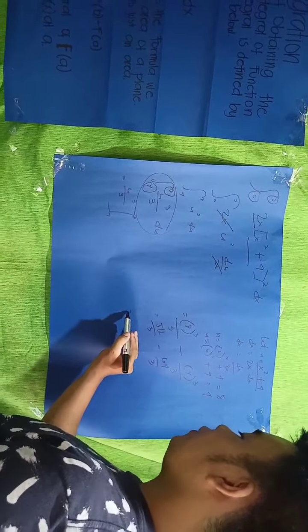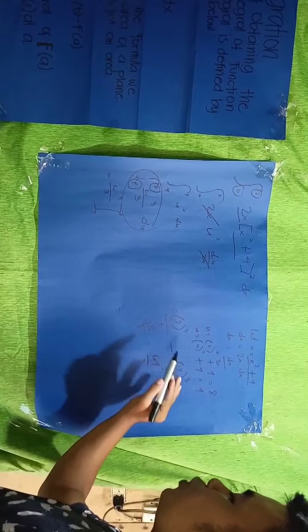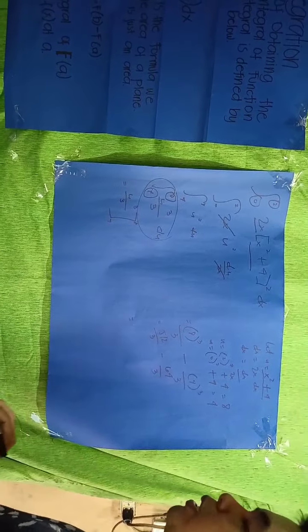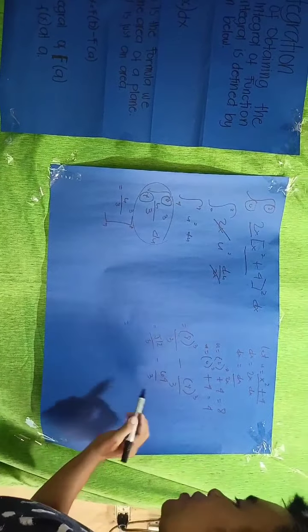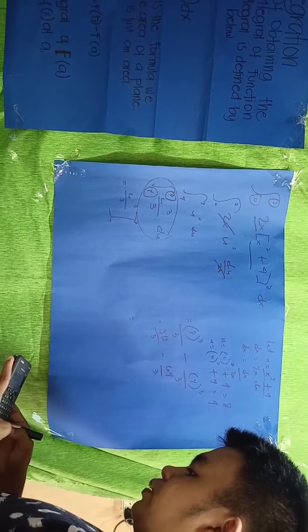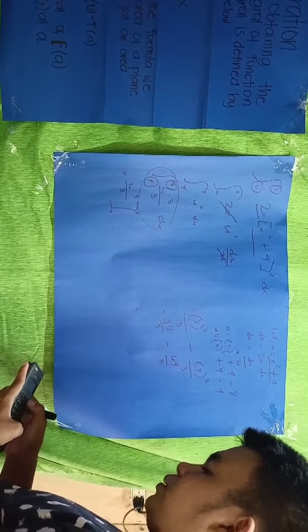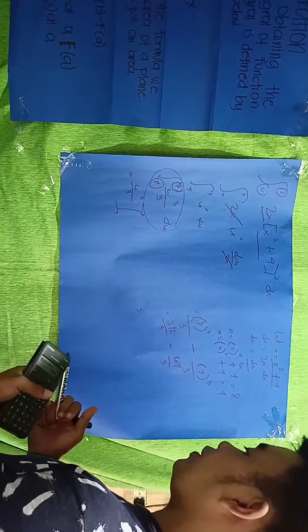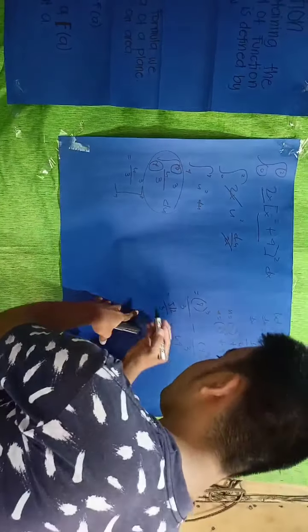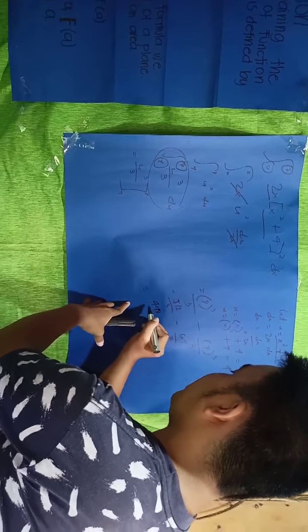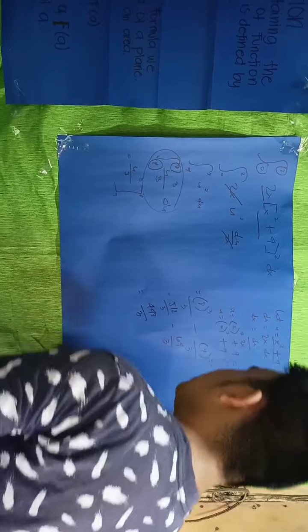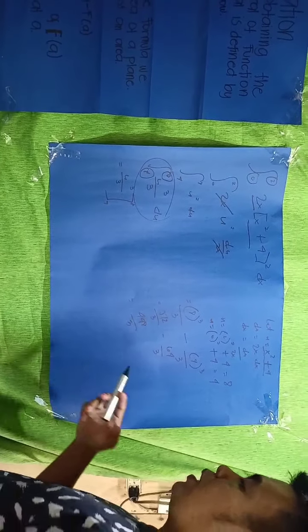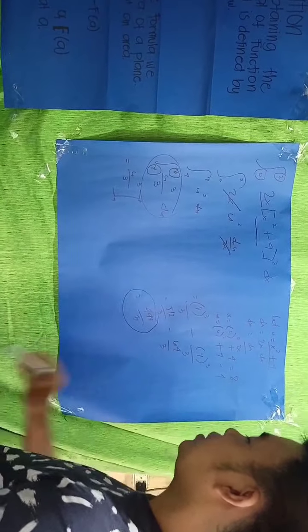Now, to solve this properly, we subtract 512 over 3 minus 64 over 3. 512 minus 64 is equal to 448, and copy the denominator. Since you can't divide 448 by 3 evenly, this will serve as your final answer.